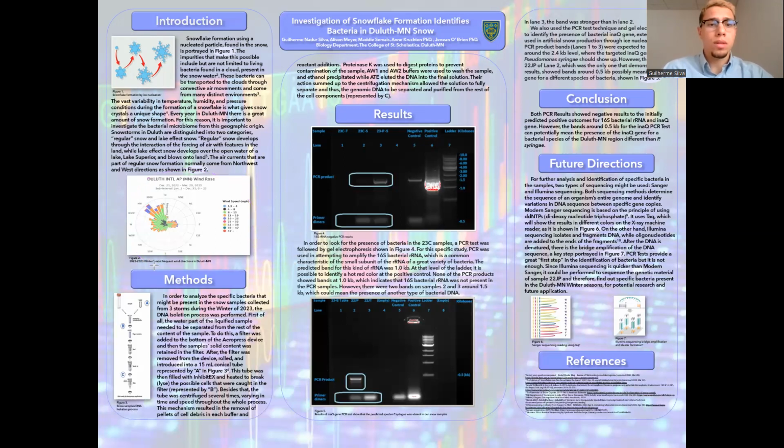Now, talking a little bit about our methods, in order to conduct this study, we gathered snow samples from three different snowstorms here from Duluth.